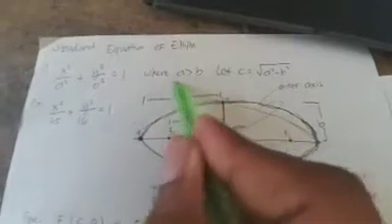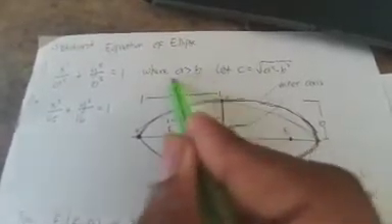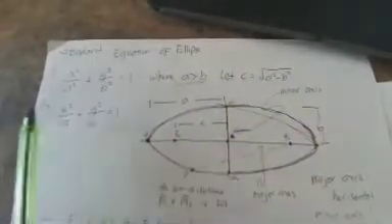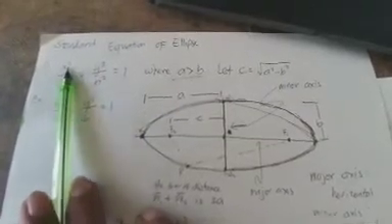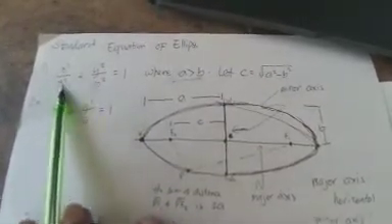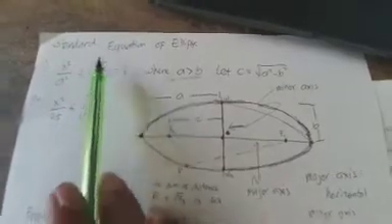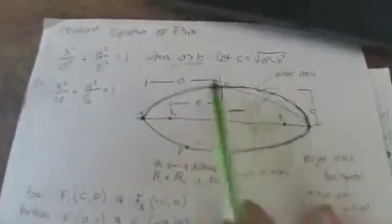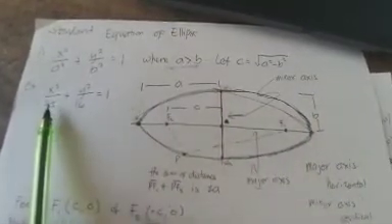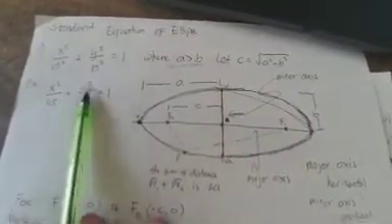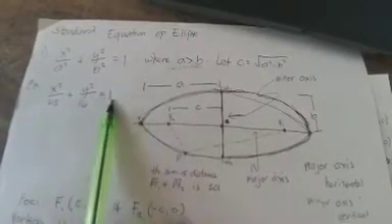Okay? So, para sa equation nga given, if ang denominator ni x, which is a, is greater than the denominator ni y, mao nang mahitabo ang ato ang ellipse is horizontal. Example, x squared over 25 plus y squared over 16 equal to 1.